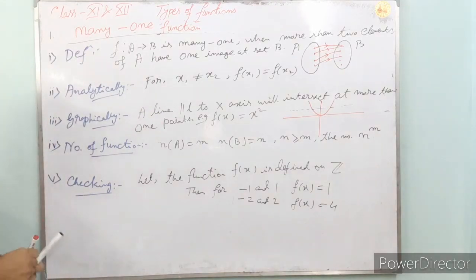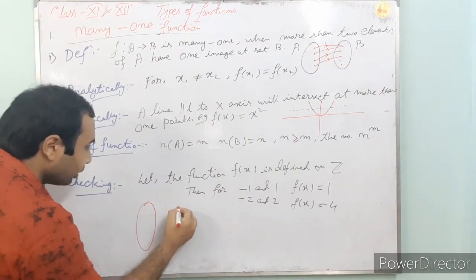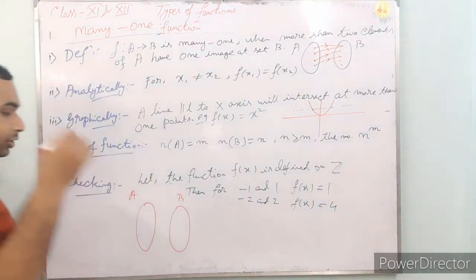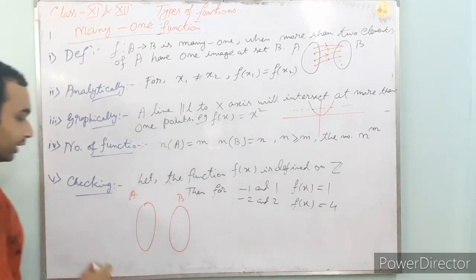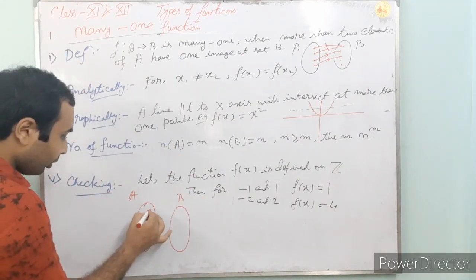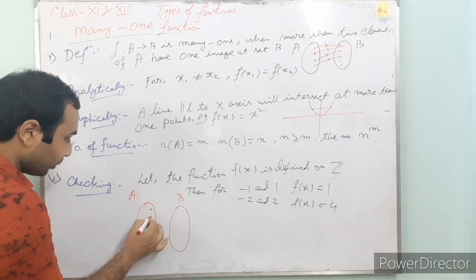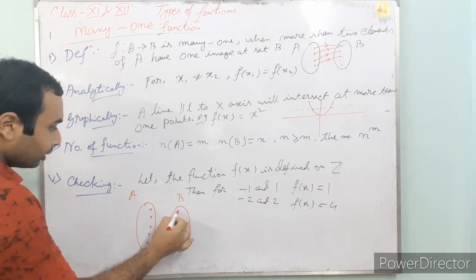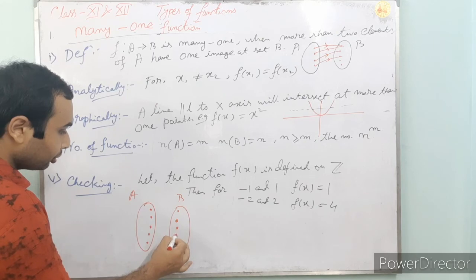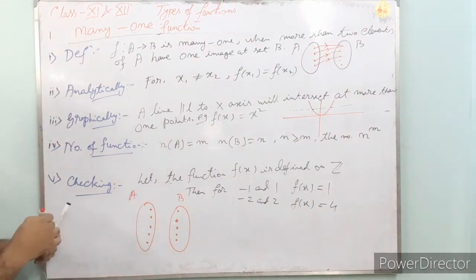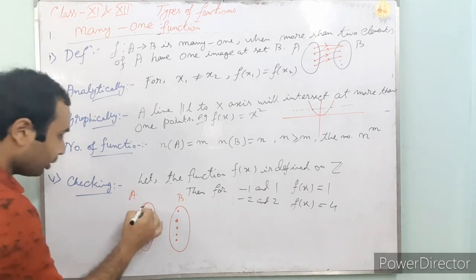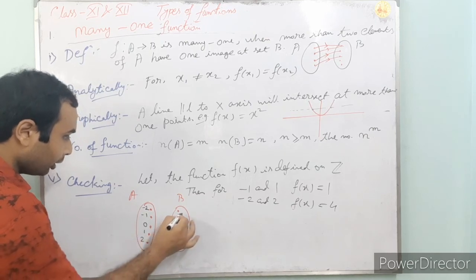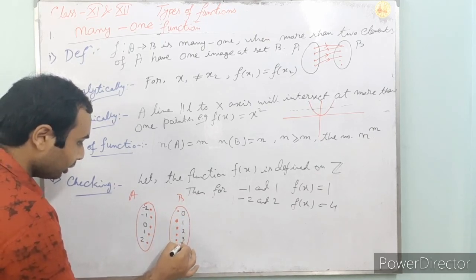If we want to draw the arrow diagram of this particular mapping, then this is the set A, this is the set B. Actually both are subsets of the integer set. Here I take minus 2, minus 1, 0, 1, 2, and here I take 0, 1, 2, 3, 4.